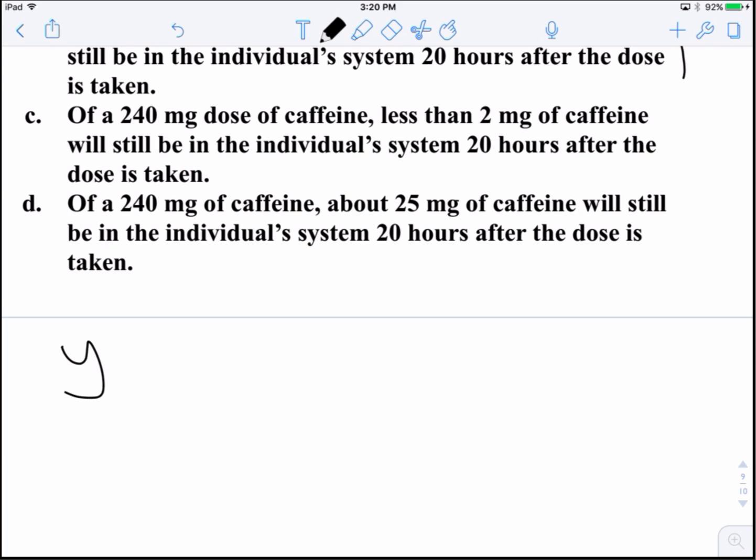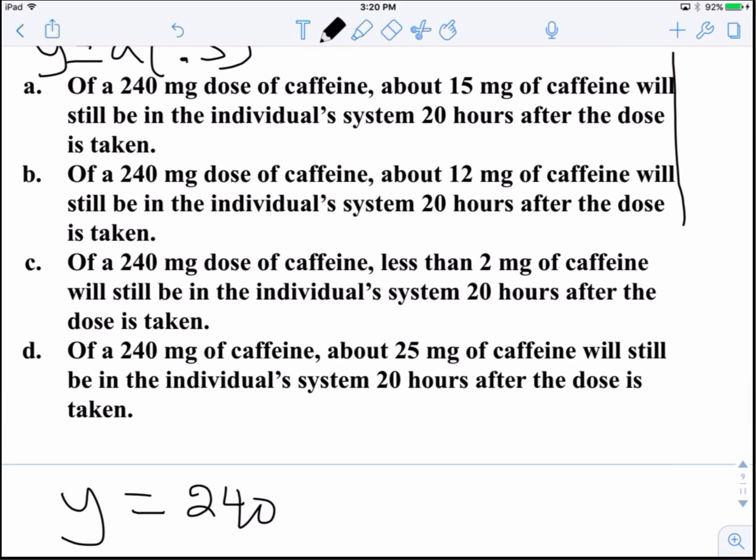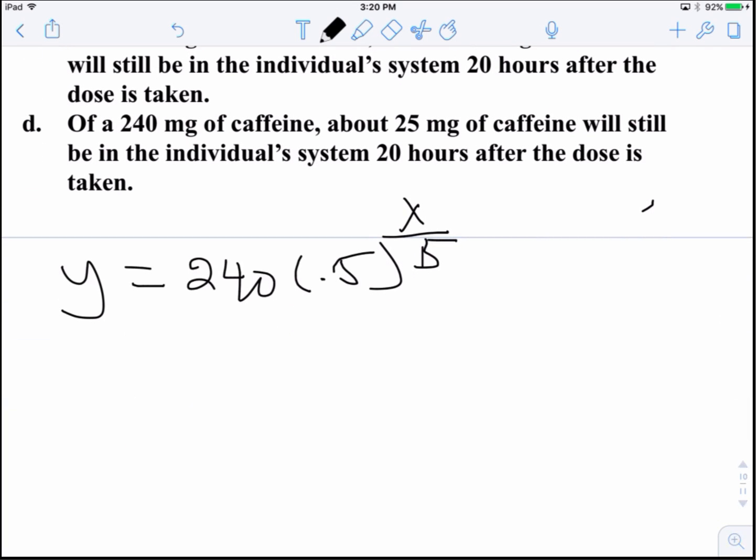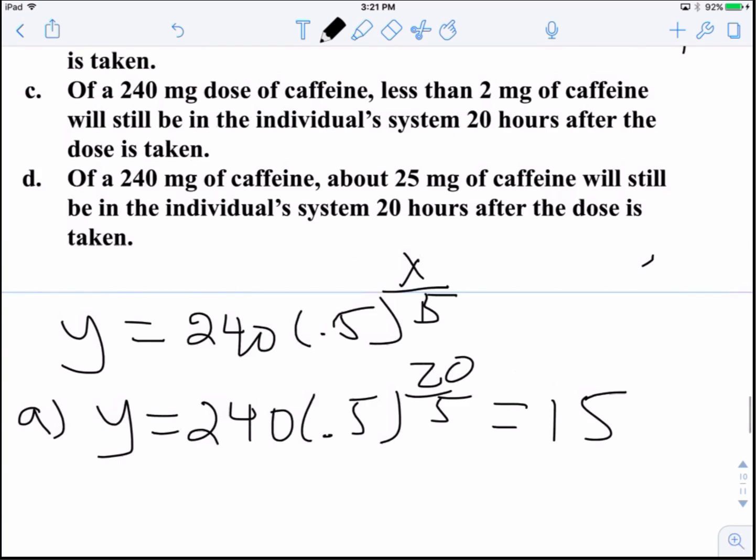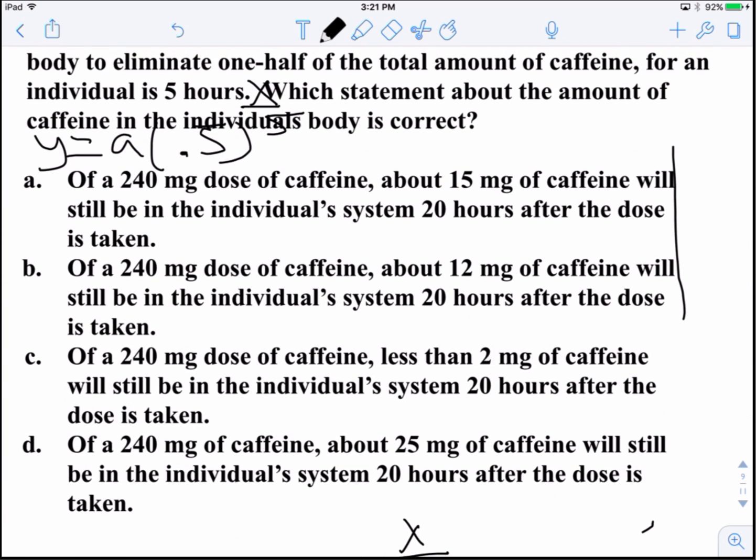So then it would be y equals 240 times 0.5 to the x over 5, for every 5 hours. So for option A, we can have y equals 240 times 0.5 to the 20 hours over 5. So when we work this out, we get the answer of 15. So the answer is A.